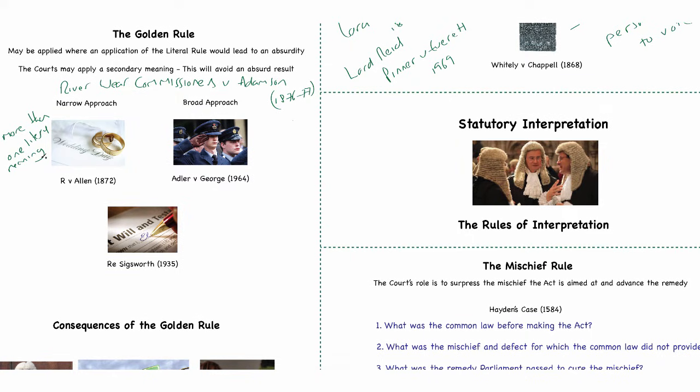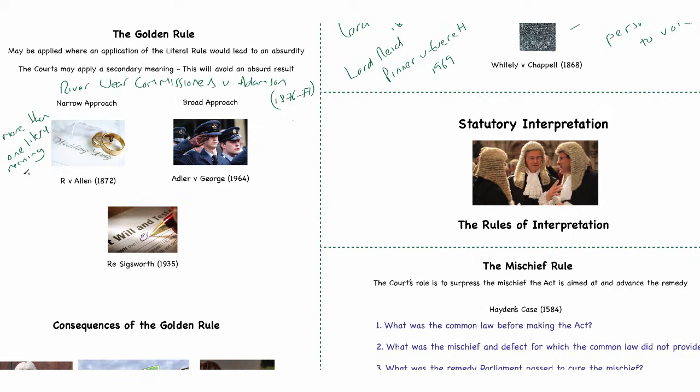And this allows the judge to apply the meaning that avoids the absurdity. Do you remember in the original video we talked about season, and how season can mean spring, summer, winter, autumn, or it can mean salt and pepper? Well, the narrow approach allows the judge to choose the one that is obviously applying, so the one that avoids the absurdity.